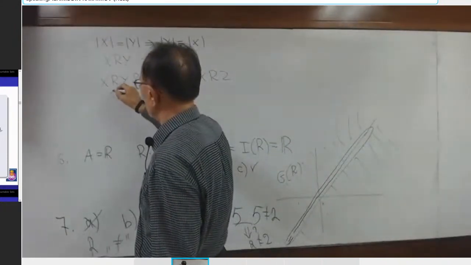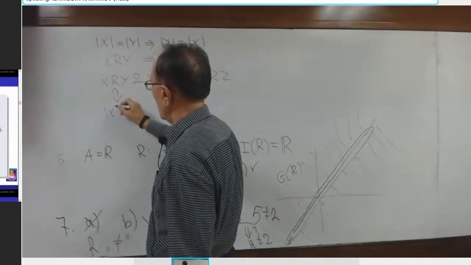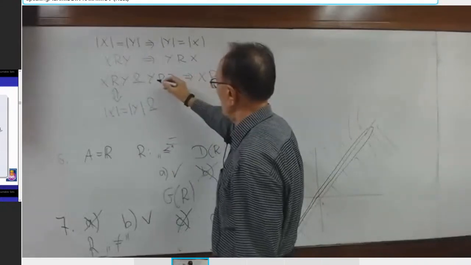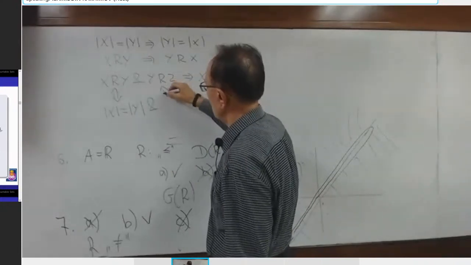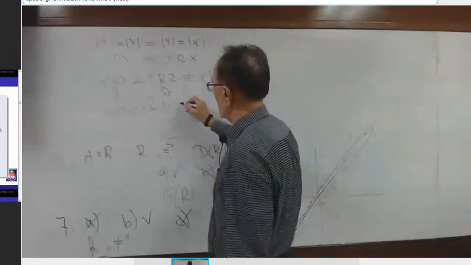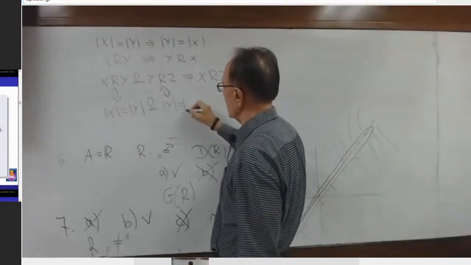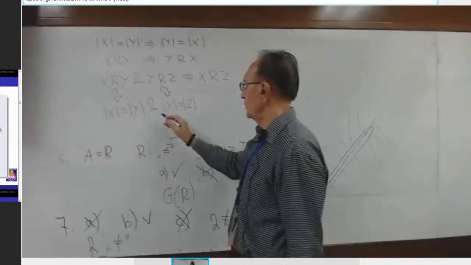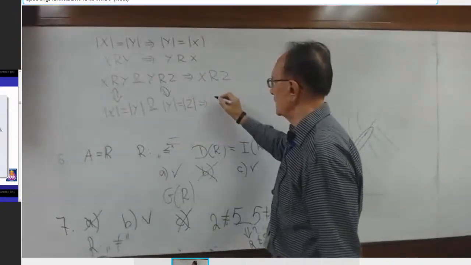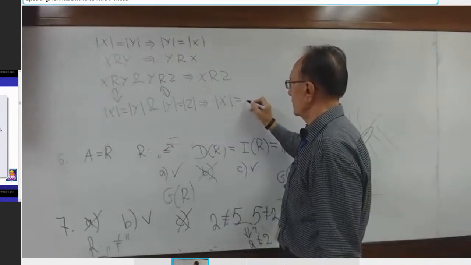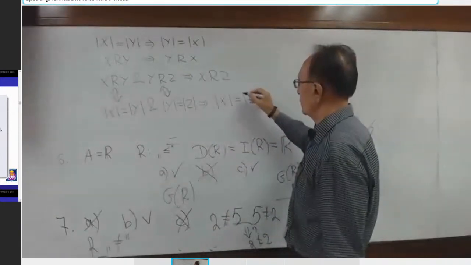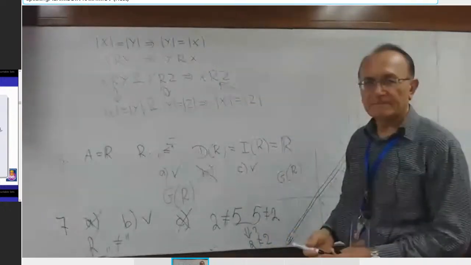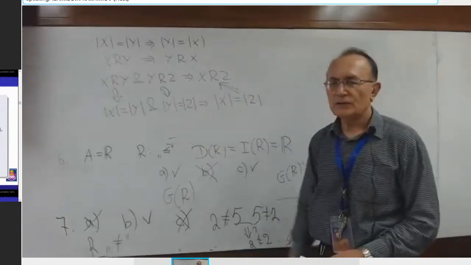Because this is the same as saying the cardinality of X is the cardinality of Y, and the cardinality of Y is the cardinality of Z. From these two, you can conclude that the cardinality of X is the cardinality of Z, which is the same as X R Z. So transitivity also holds.